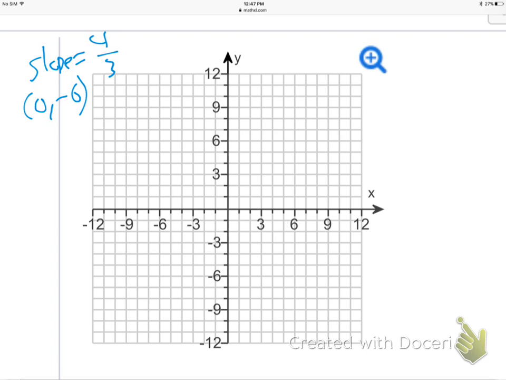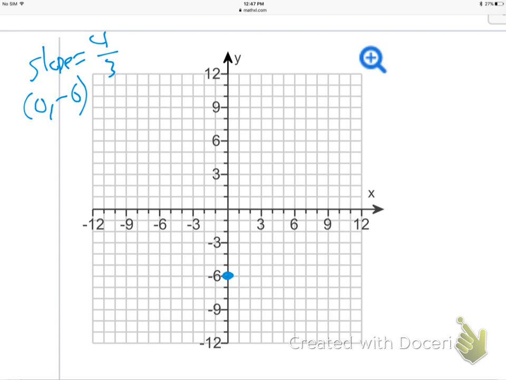Start at the 0, -6 spot. So over 0, down 6, right there.